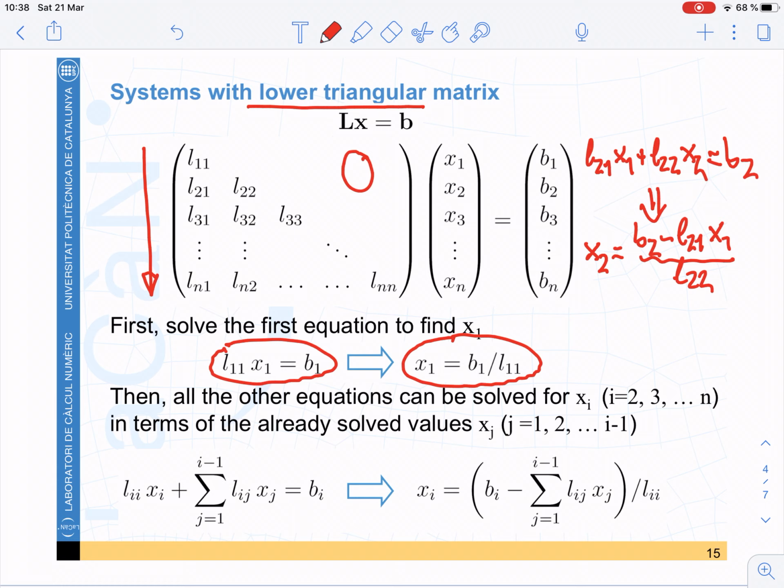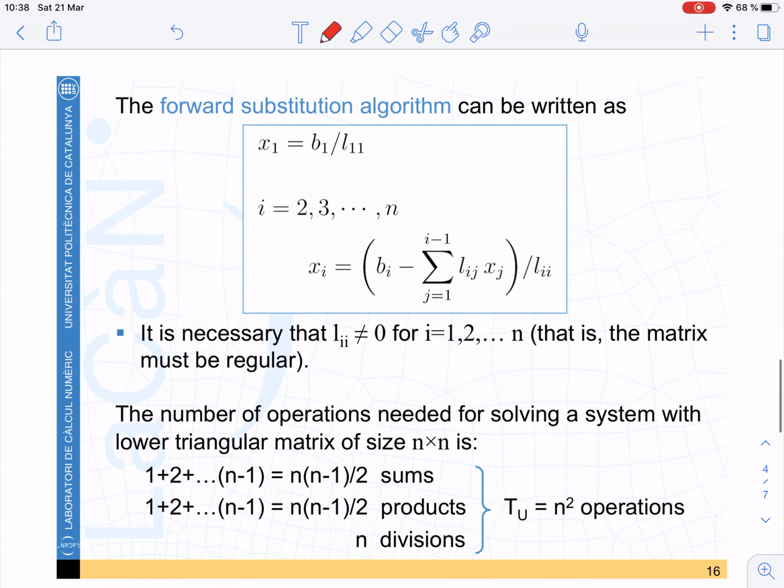Okay. So we may compute the xi sequentially, starting from the first one and down to the last one. In other words, the forward substitution algorithm starts by computing x1 and then sequentially for i equal 2, 3, dots n, the rest of the unknowns.